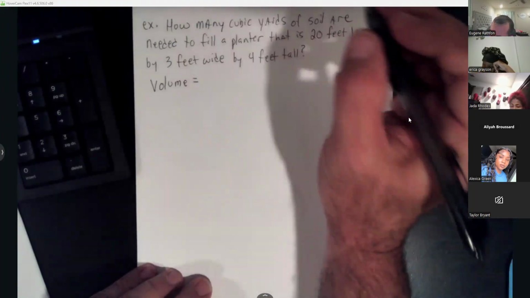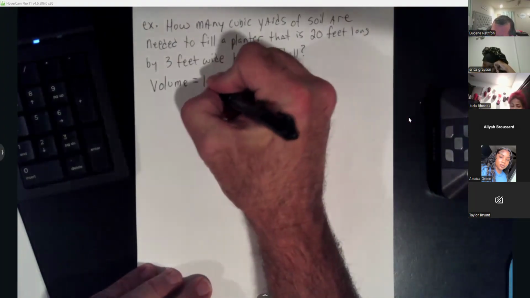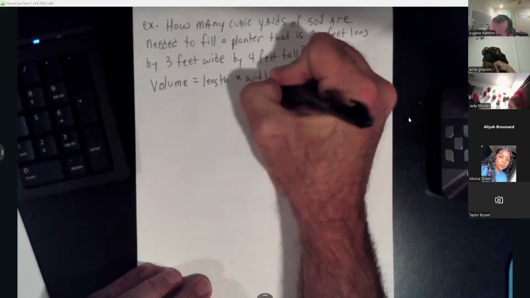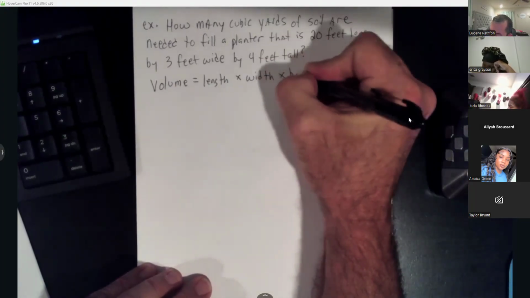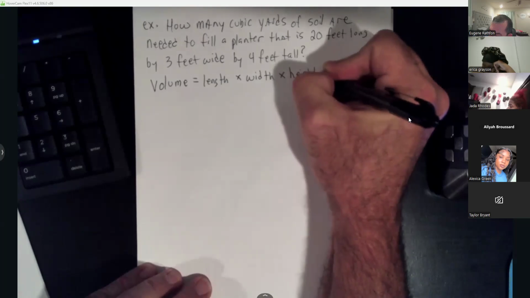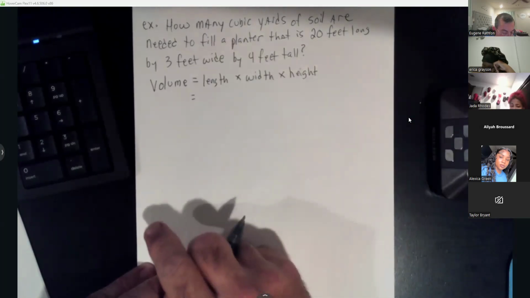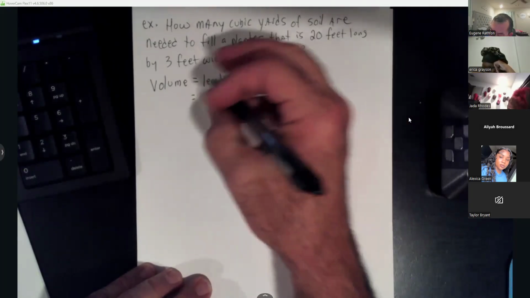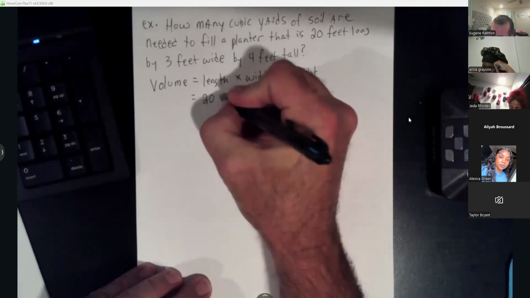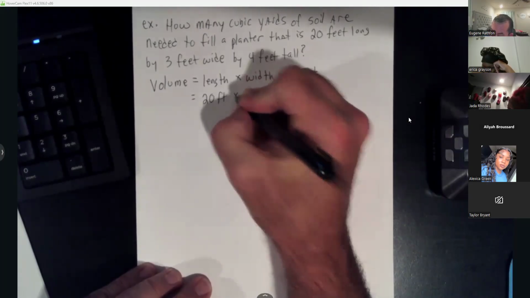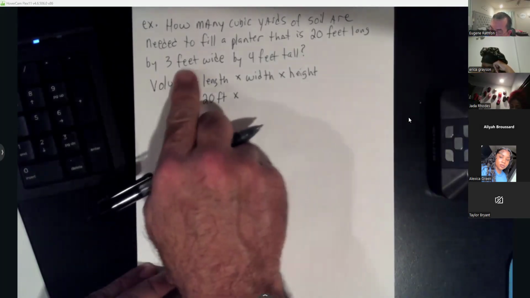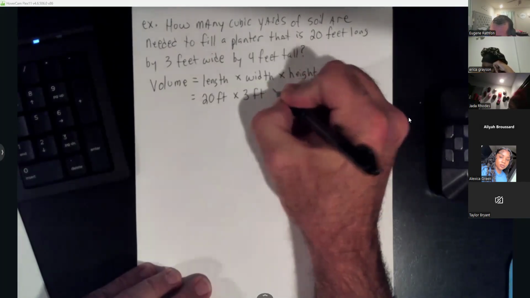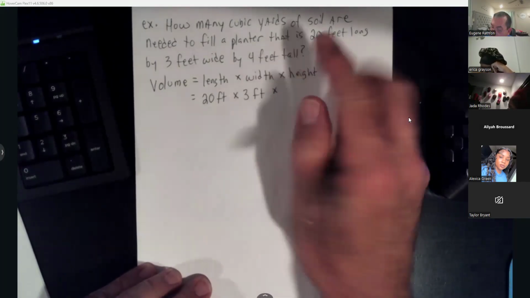So volume is length times width times height. So let's figure that out. So they told me it was 20 feet long. So 20 feet times 3 feet wide times 4 feet tall.